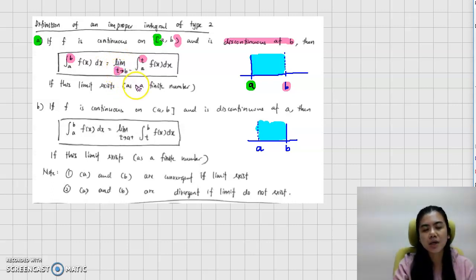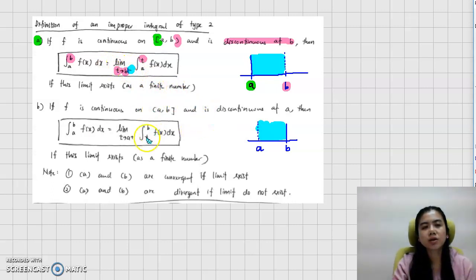But be careful with the b here, because now you will have a left limit. Looking at the region, it is on the left-hand side, so that's why you approach b from the left.